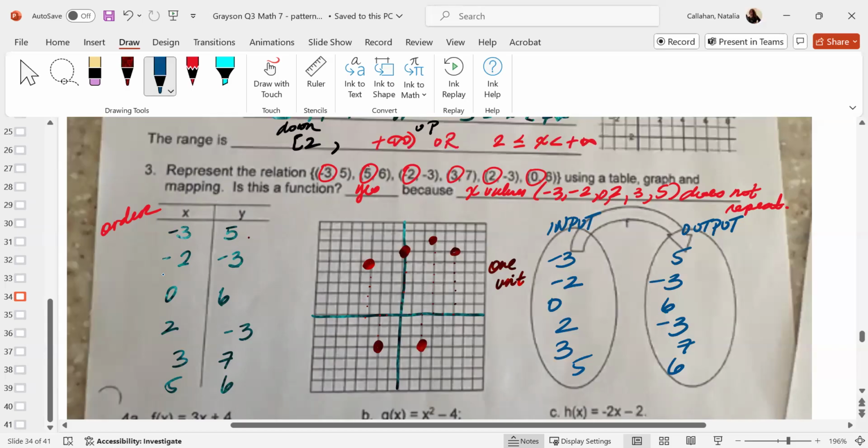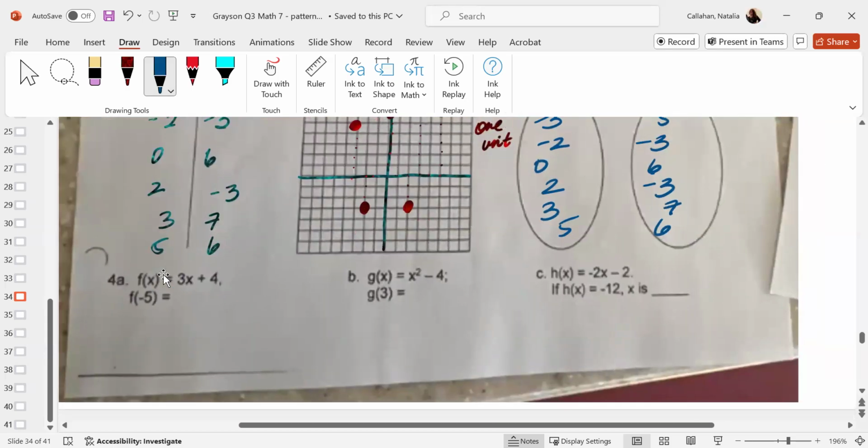Do you see that? Okay. I want you to work on number 4 on your own.